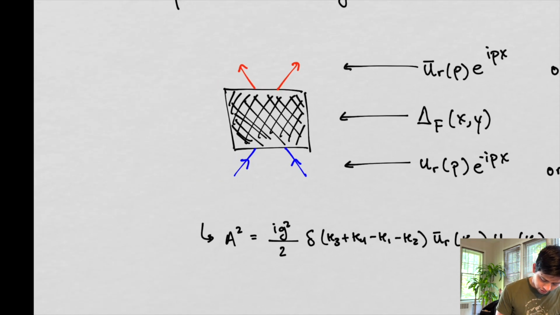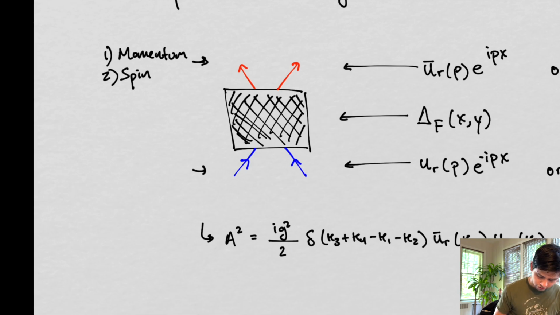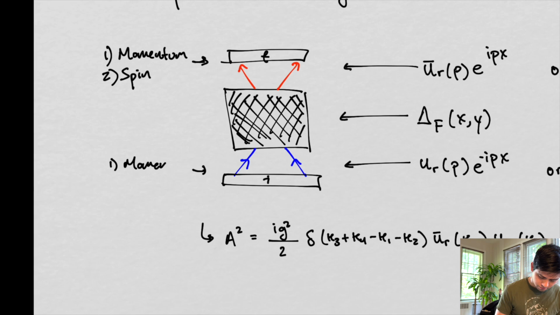One is momentum, and the other is spin. Same thing for our initial states and final states: we want to keep track of our momentum and our spin.